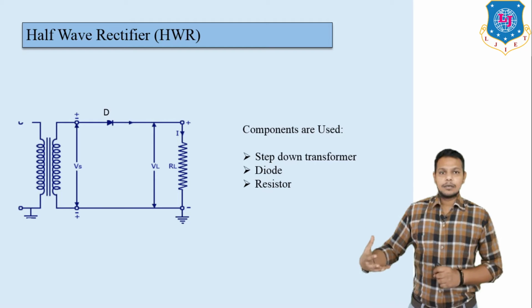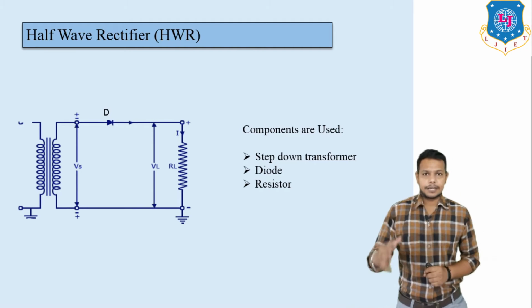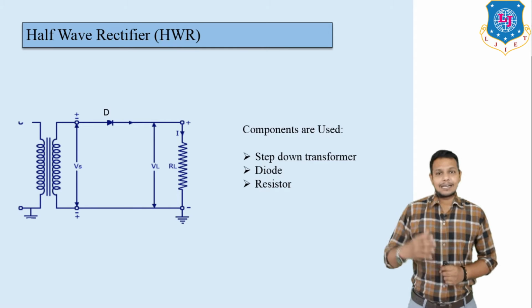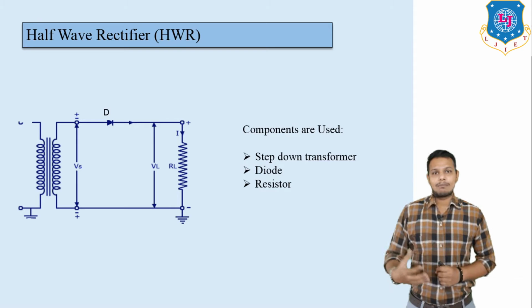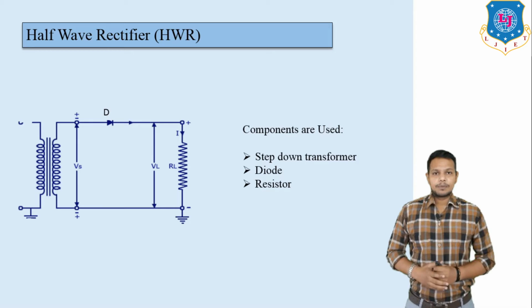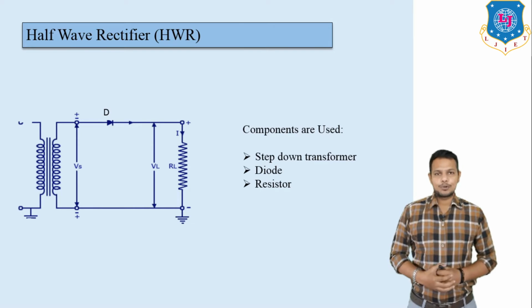In this circuit diagram, the diode is the main component because the diode works in forward bias and reverse bias. According to this, we get the waveform at the output side.